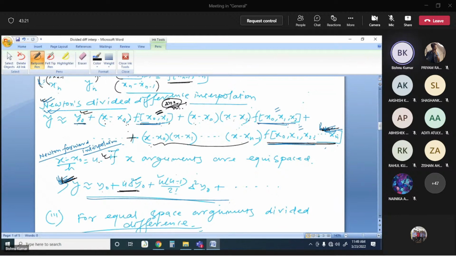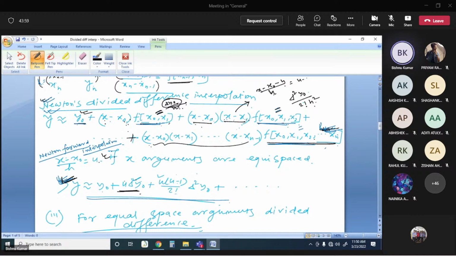And this will be del square y0 by factorial 2 h square. That h square you just bring to the denominator position of these two, x minus x0 by h, that is u. X minus x1 you just rearrange, x minus x1 is x0 minus h by h. x minus x0 by h is u, and minus h by h means 1, so u minus 1.